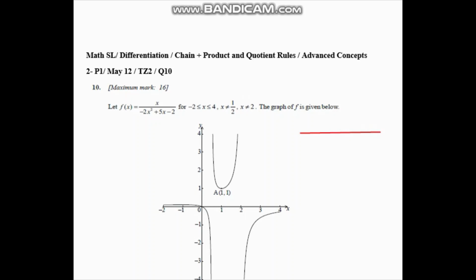Y equals anything gives me a horizontal line. So we are told that there are some horizontal lines that do not meet the graph of f of x. Let's try drawing some horizontal lines to see which ones meet the graph and which ones don't. So if I draw a line right here, does it meet the graph? Of course it does. It cuts the graph twice.